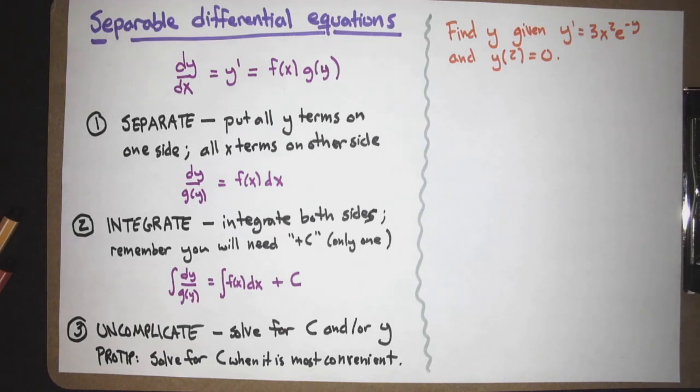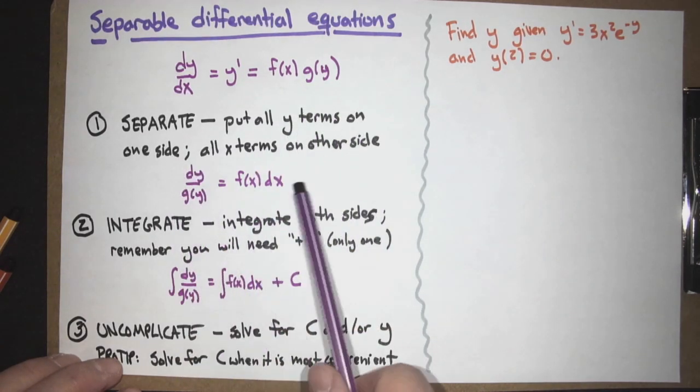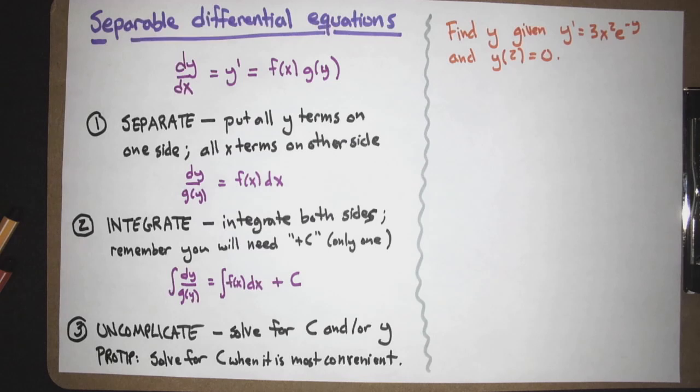Now to separate says we're going to move it so there's just y's on one side, just x's on the other side. Now, we're cheating a little bit. Actually, we're cheating a lot, but it's an okay cheat to do. The cheat is dy over dx is not actually dy and dx as separate objects.